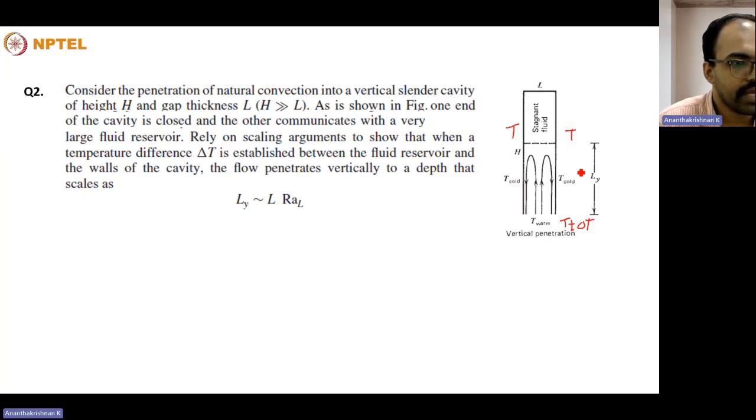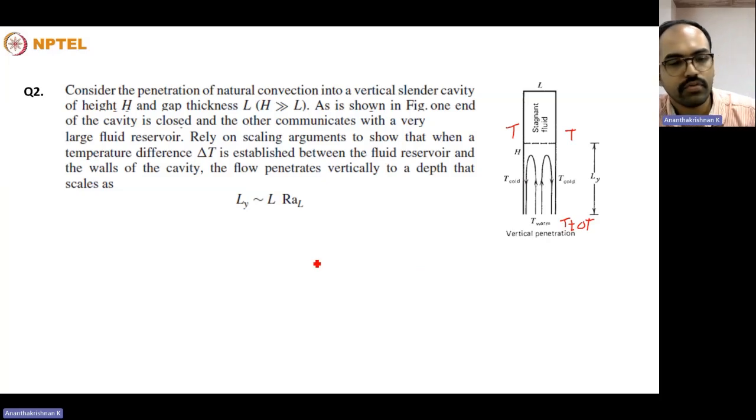So we need to show that Ly can be scaled according to L times Ra_L. This follows a similar analysis to the previous case.